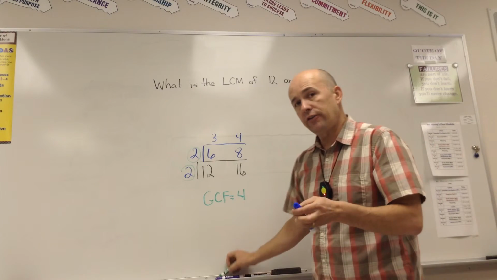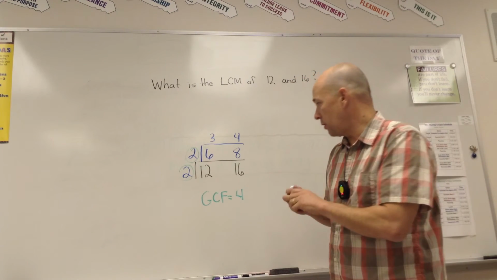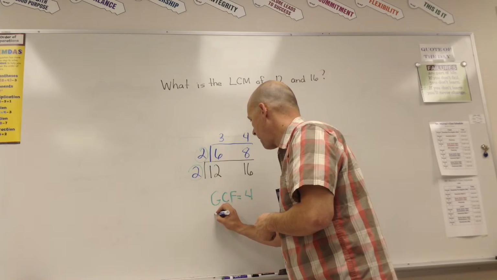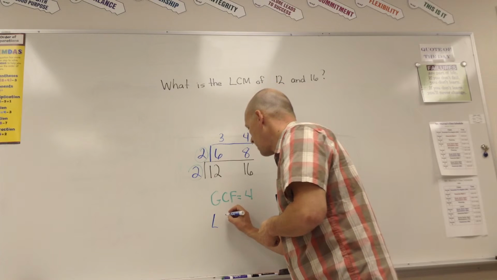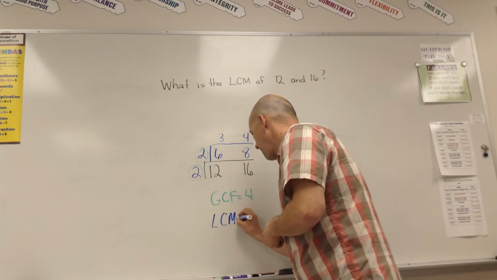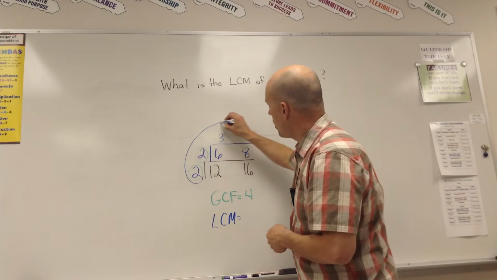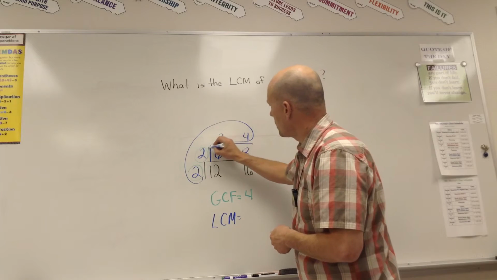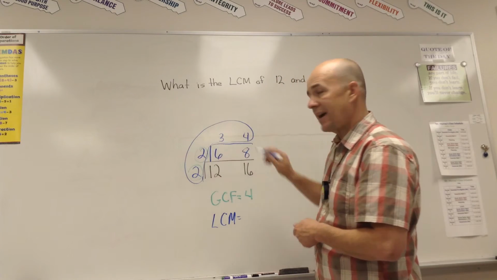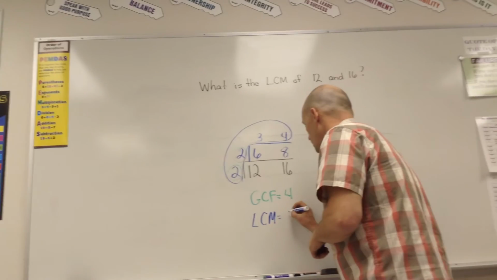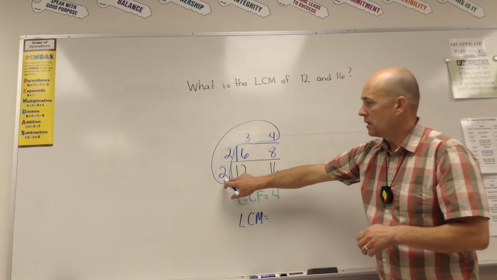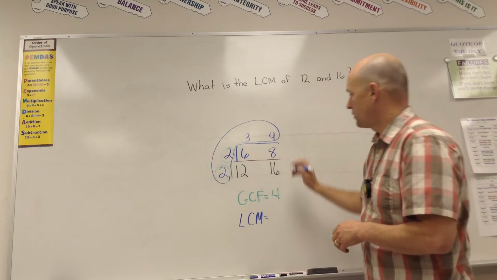To find the LCM, or the least common multiple, we're going to take those two numbers, plus we're going to go up around the top here. We're going to make an L, and we're going to multiply all of those numbers together. So in this case, the LCM is going to be 2 times 2 times 3 times 4.